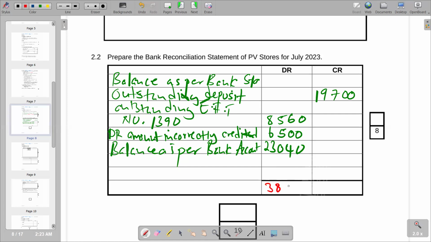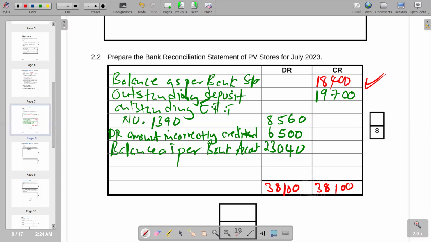So we put 38,100 on both sides, in between the double lines. And then from there, we can find the balancing figure by saying 38,100 minus 19,700, then we get 18,400. So it means the opening balance is on the credit side. It's a favorable balance. And that's what we have on the bank reconciliation statement, guys.